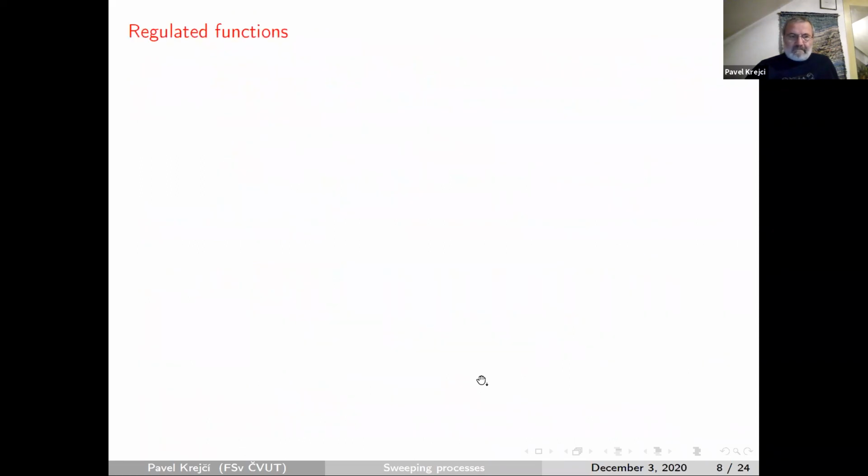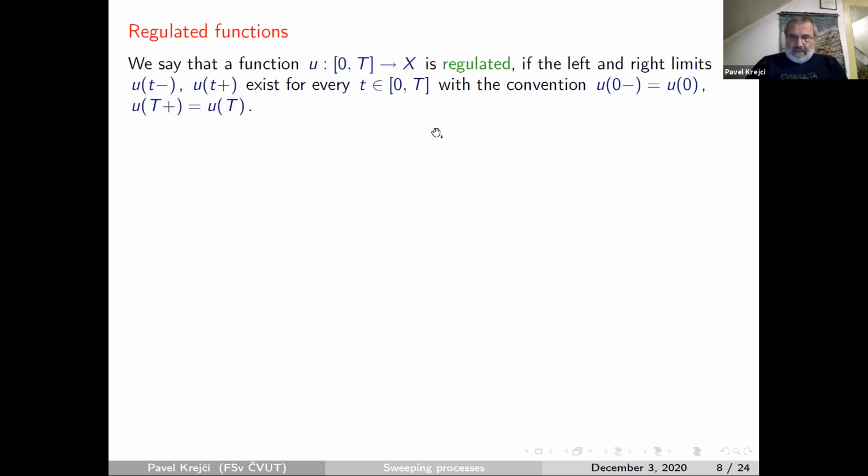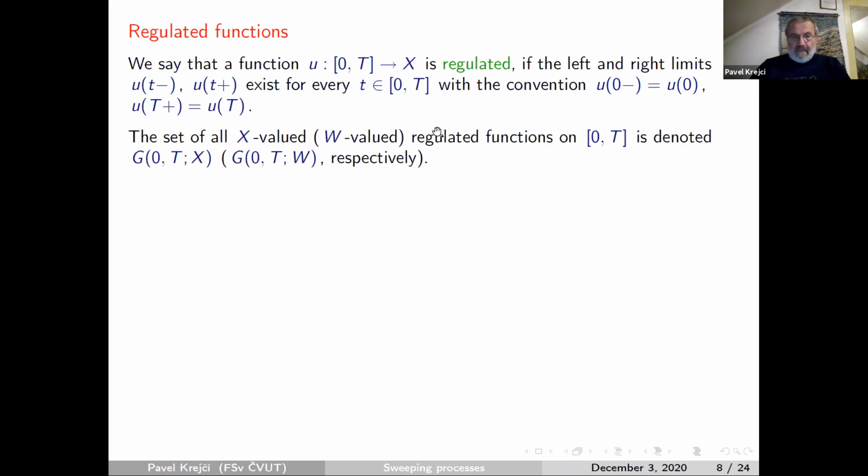Now, what will be our functional framework? Regulated functions. I recall the definition. A function is called regulated if the left and right limits u(t-) and u(t+) exist for every t. I denote the set of regulated functions by capital G with values in X or values in W. This makes no difference.